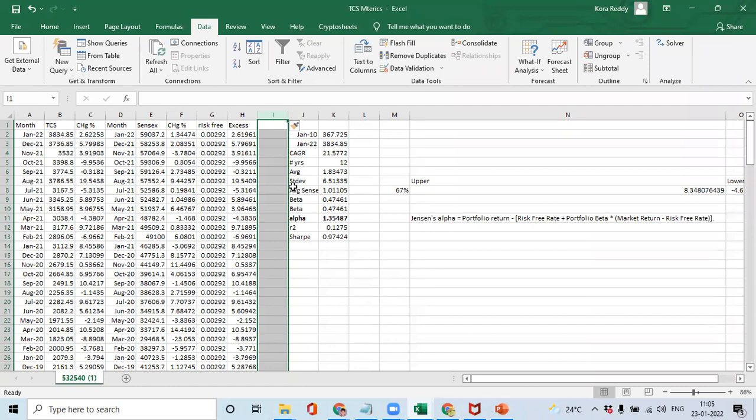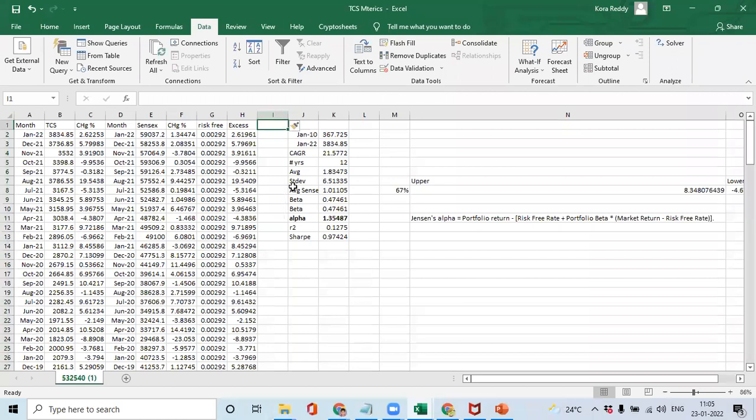My worry is I want my Sharpe ratio to be better than Sensex. Calculate the same figure for Sensex, and your Sharpe ratio should be better than the Sensex Sharpe ratio. We'll calculate that also.